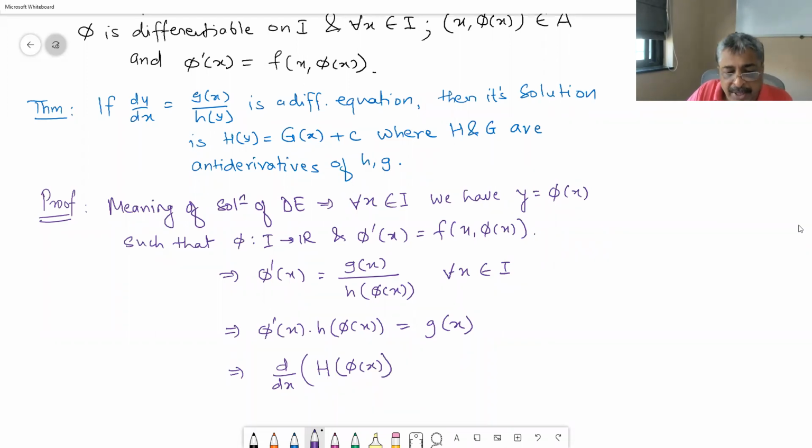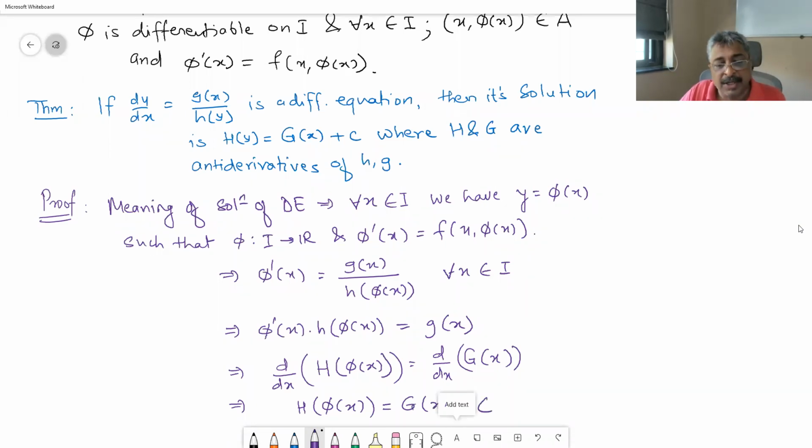If you differentiate capital H of phi of x, you get this. That means indirectly I am integrating, which is d dx of capital G of x, and then if I integrate both sides, I get h of phi of x is equal to g of x plus constant of integration. That is what we were supposed to do.